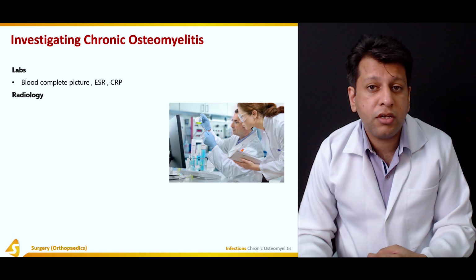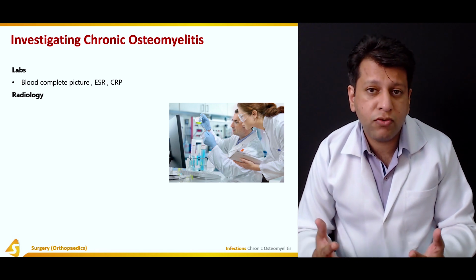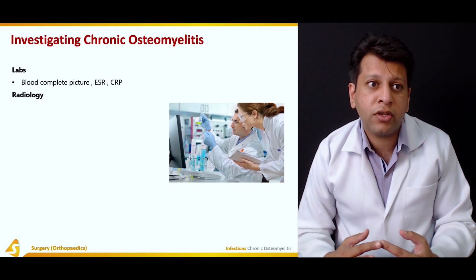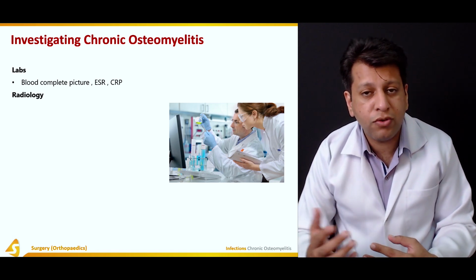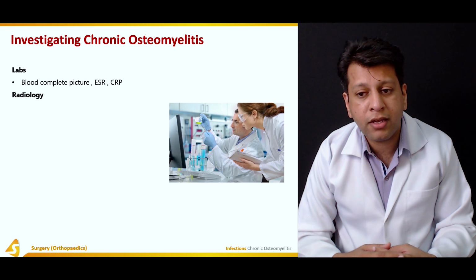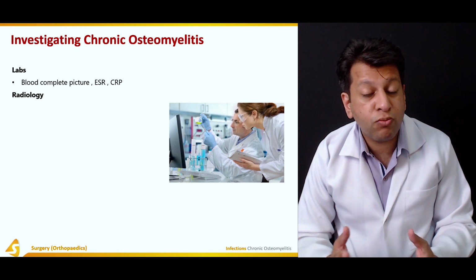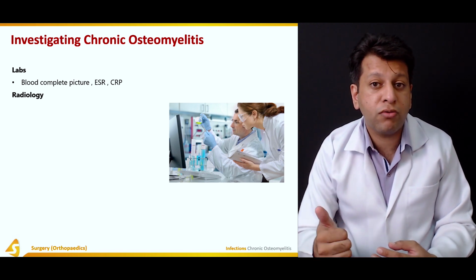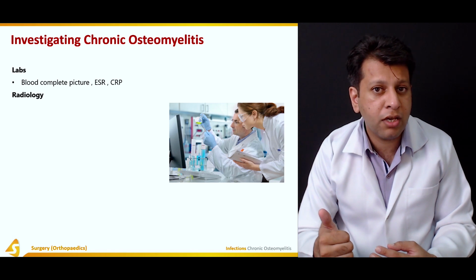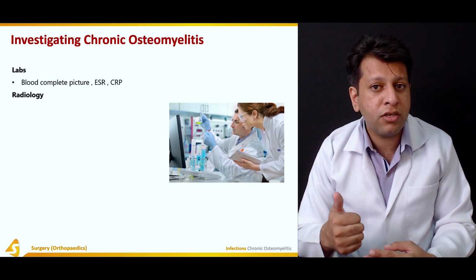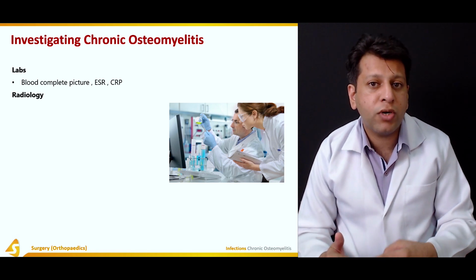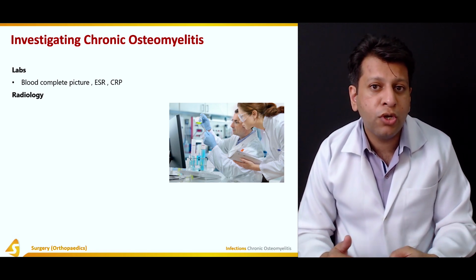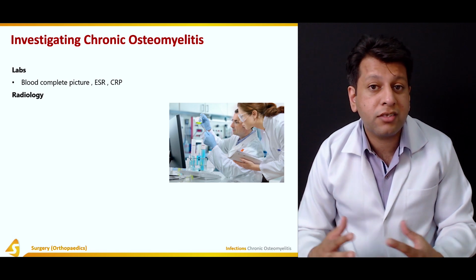Coming to the radiology, take a scenario where he presents and some kind of nail was done to his tibia a few months to years back. We have to x-ray the tibia, AP and lateral, along with the knee and the ankle, involving one joint above and one joint below, so that we can see the extent of the disease.